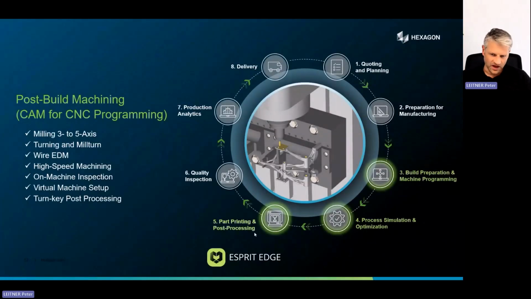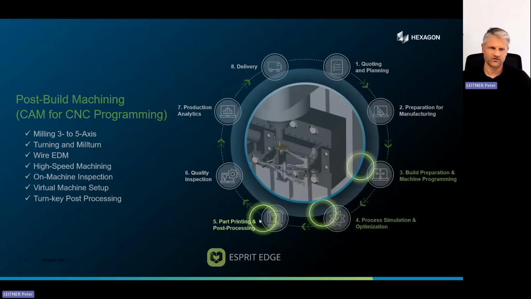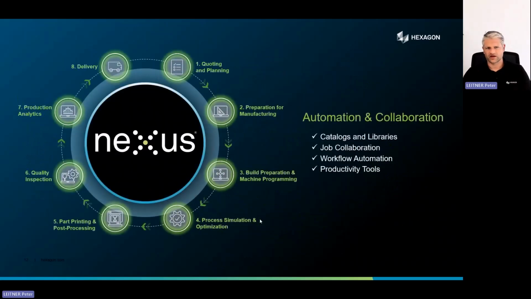Esprit Edge, or the CAM, is also found in the printing and post-processing step. All these products can interoperate within Nexus, which is a platform to share projects with the different software products, so that automatization and collaboration of all these products is guaranteed.